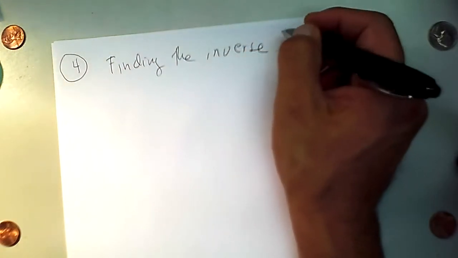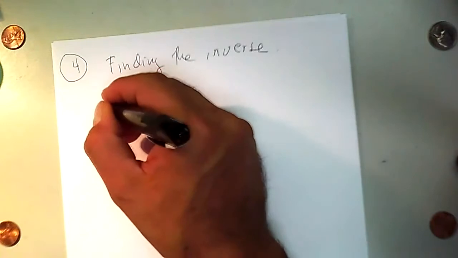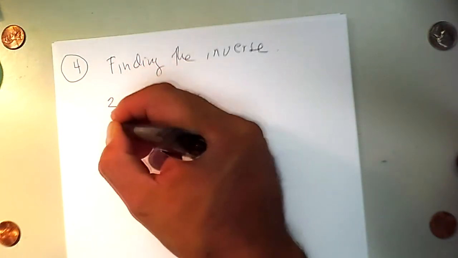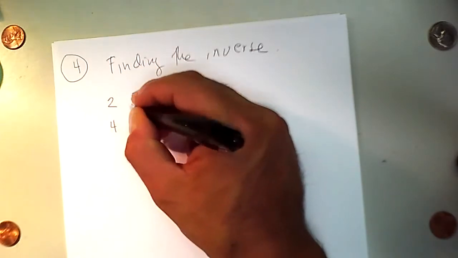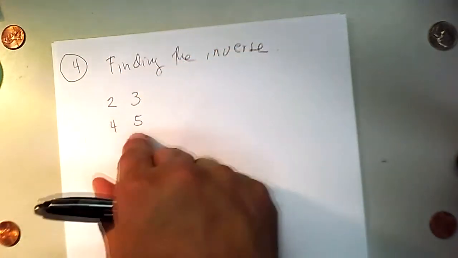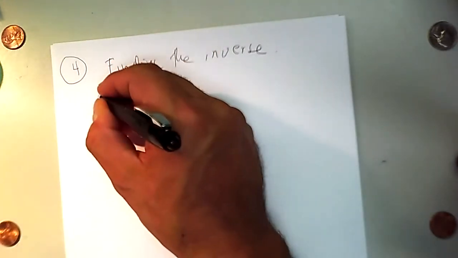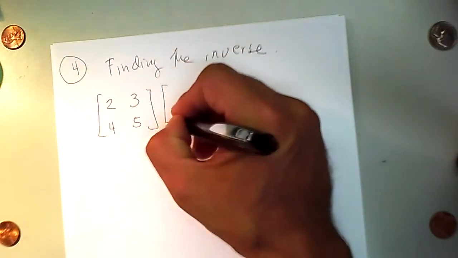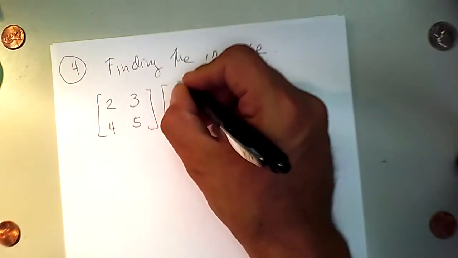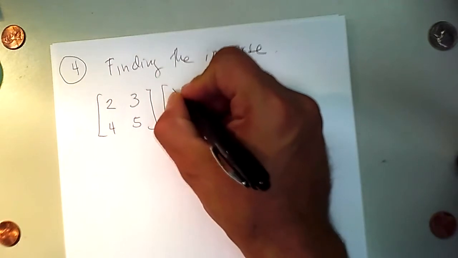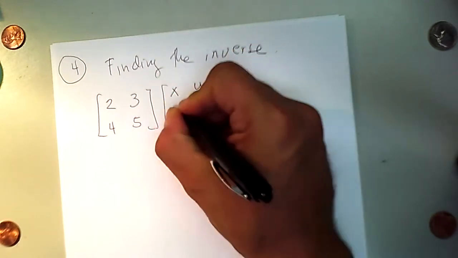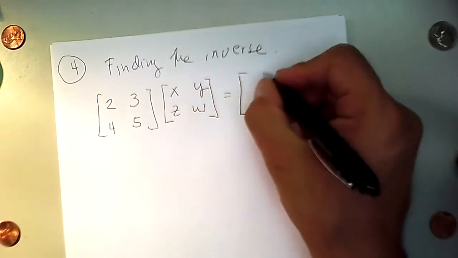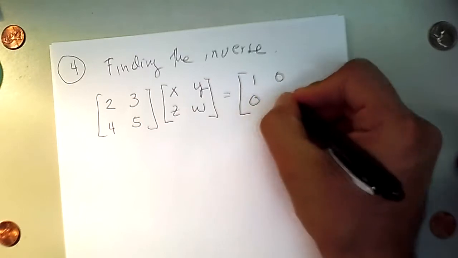of a matrix. So let's say we have, as an example, the matrix 2, 3, 4, 5. So that has an inverse, and we want to find its inverse. So that means we want to find a matrix, let's call it x, y, z, w, that gives us the identity 1, 0, 0, 1.